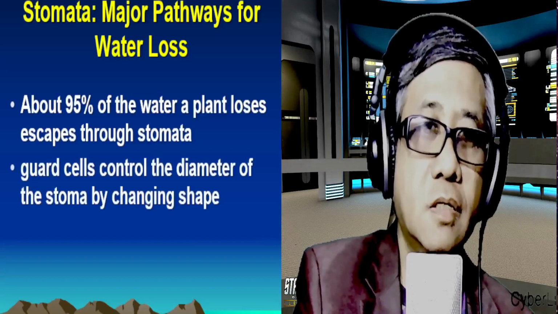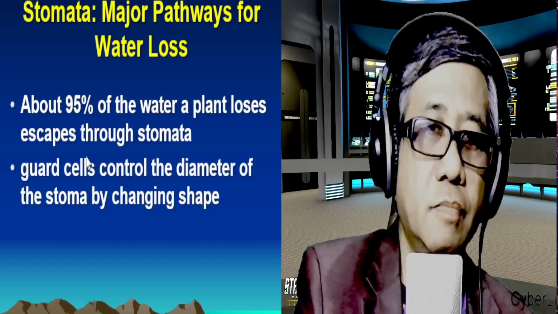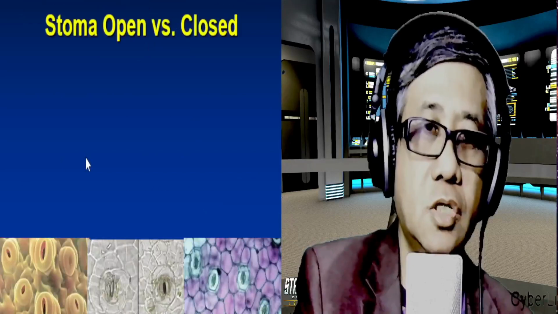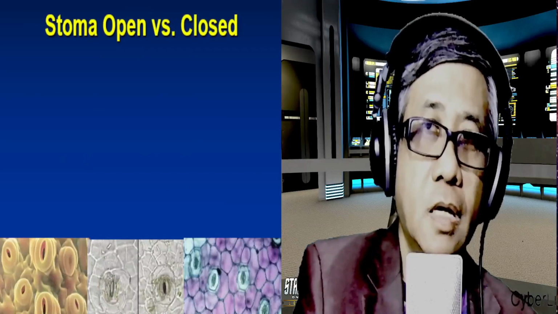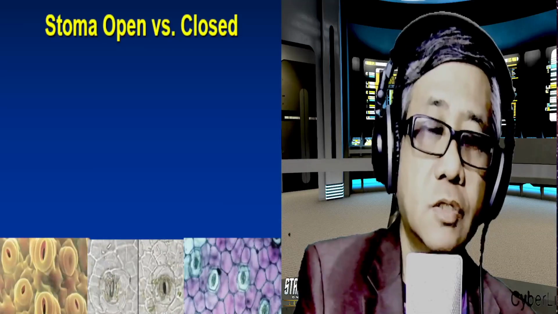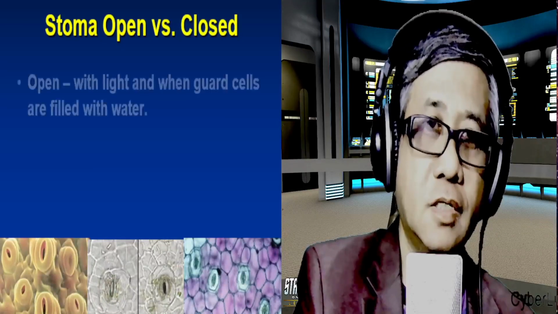And the guard cells in the stomata control the diameter of the stomata by changing shape. So the stomata opens and closes, and the opening and closing of the stomata has something to do with the changing shape of the guard cells.